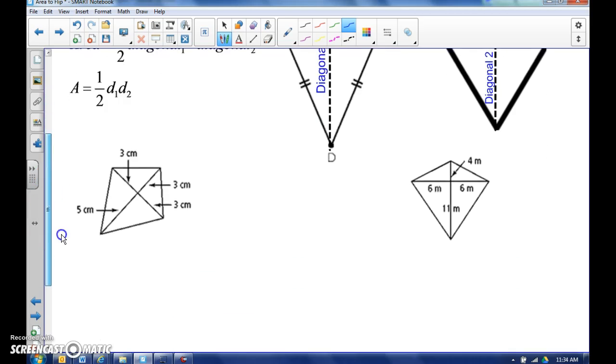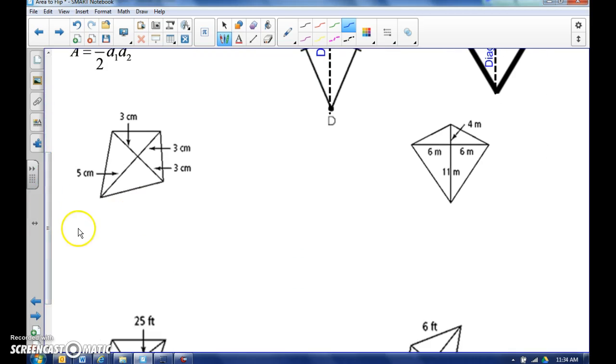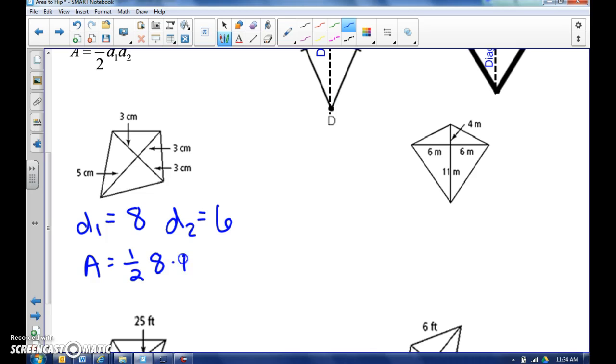So, looking at this first problem, my first diagonal is going to be 5 plus 3, which is 8. And my second diagonal is 3 plus 3, which is 6. So area equals 1/2 diagonal 1 times diagonal 2, which ends up getting me 24, yes, centimeters squared.